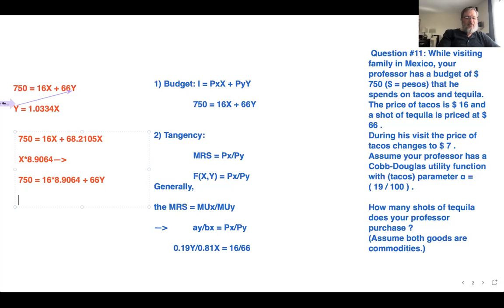Okay, so 16 times 8.9064, and I get 142.50, right? So this is going to be 750 minus 142.5024, right? It's equal to 66y.